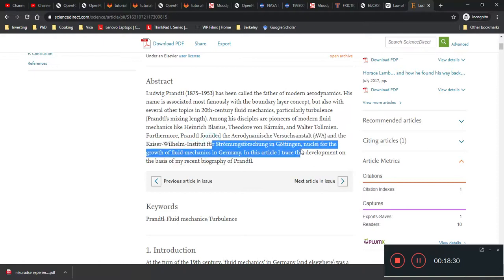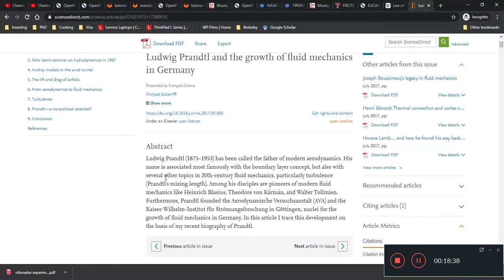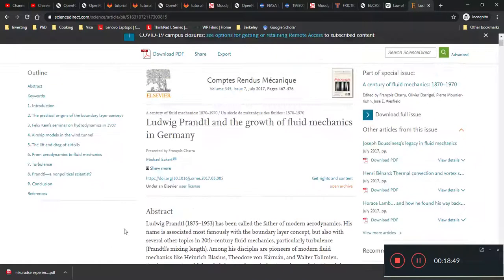Anyway, he founded this in Germany, and if you read this paper, he was pretty involved with Nazi Germany. He may have made statements that we may not want to agree with, but that's his history. It's just an interesting thing to add to the character of Prandtl. That's just trivia for you.